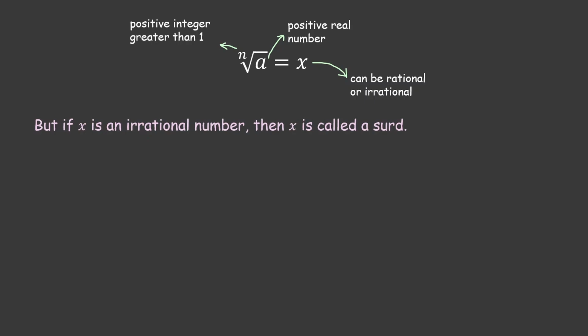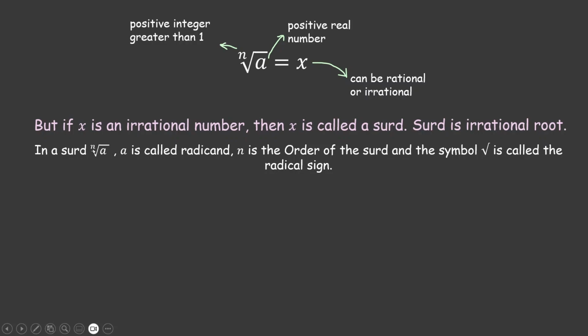But if x is an irrational number, then x is called a surd. So basically, a surd is nothing but an irrational root. In a surd nth root of a, this a is called the radicand, n is called the order of the surd, and the symbol is called the radical sign.